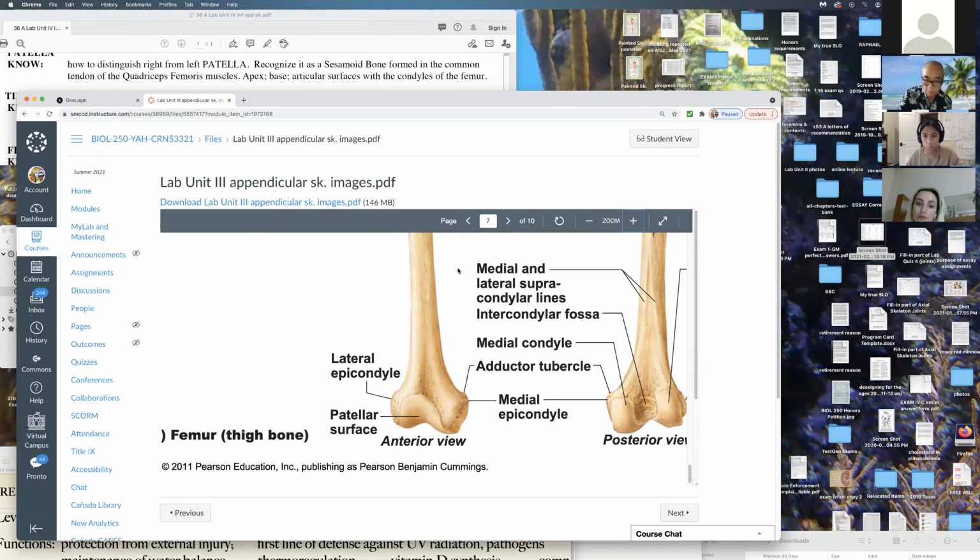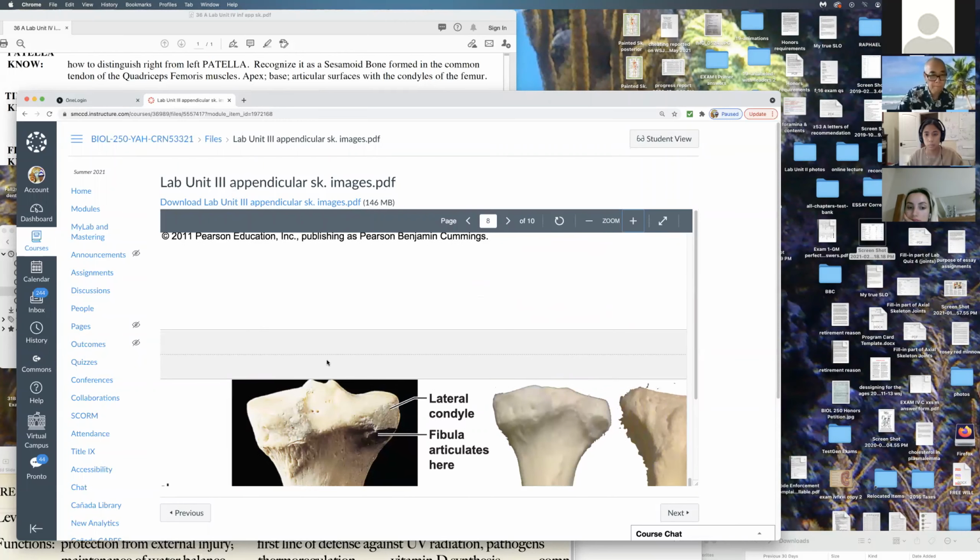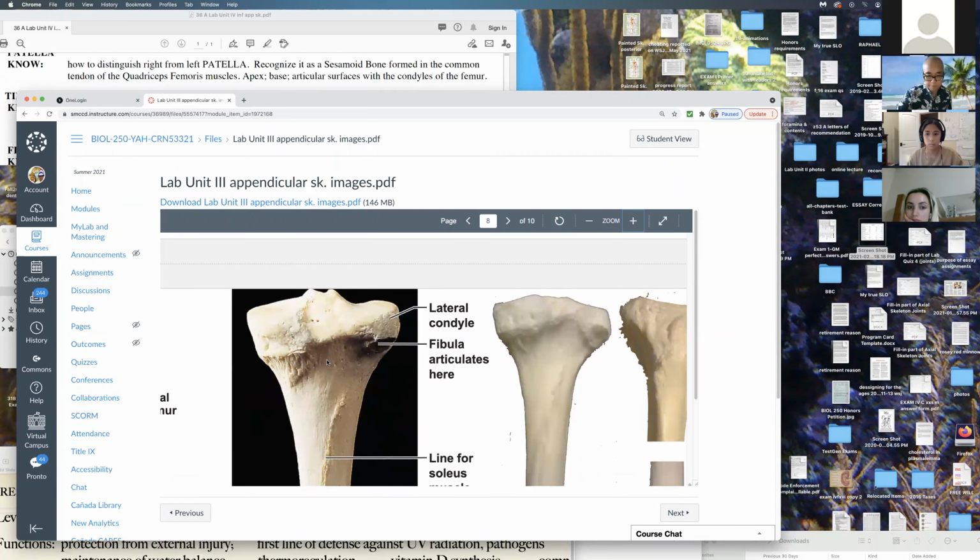And then vastus medialis muscle needs to be the muscle that would constantly be resisting the pull of those three lateral muscles. And that's the reason when those people that have problems with the patella dislocating, it always slides lateral. All right.